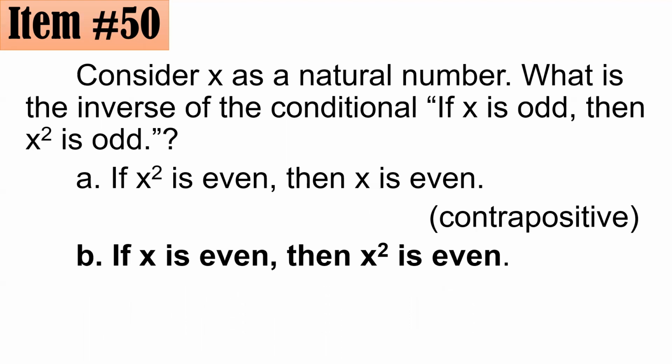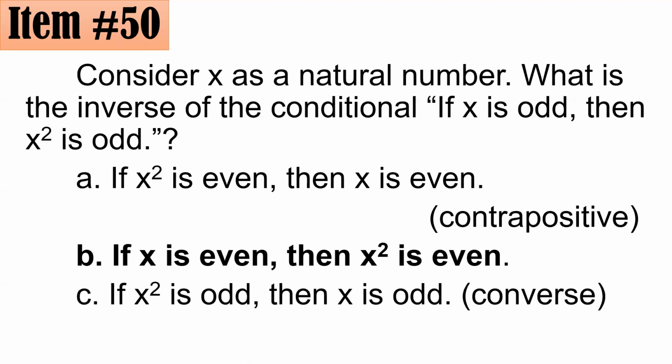If x is even, then x squared is even. We follow the natural order pa rin po from left to right. It's just that ninegate po natin bawat premise at conclusion. So ito yung odd na palitan ng even, itong odd na palitan din ng even. Yung letter C naman po ay actually converse. Kapag sinabi po natin converse, pinaliktad lang po natin yung posisyon ng premise at saka conclusion.